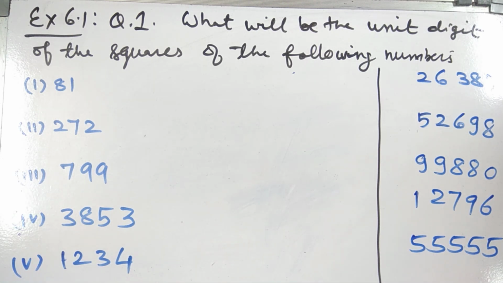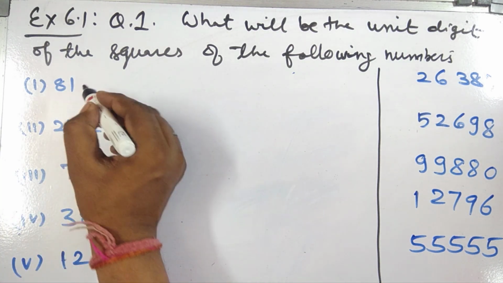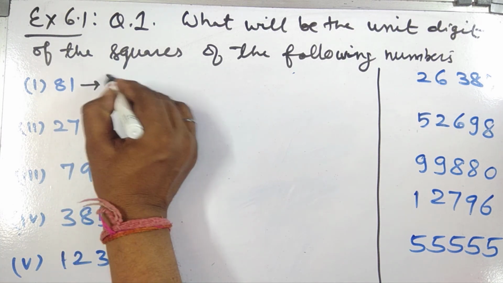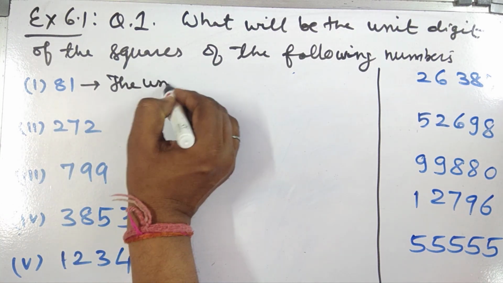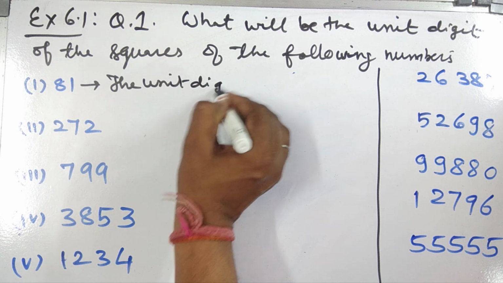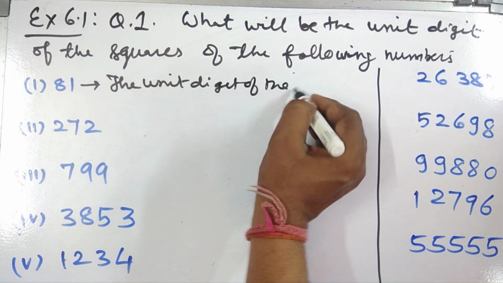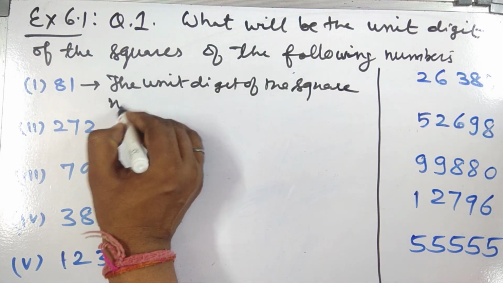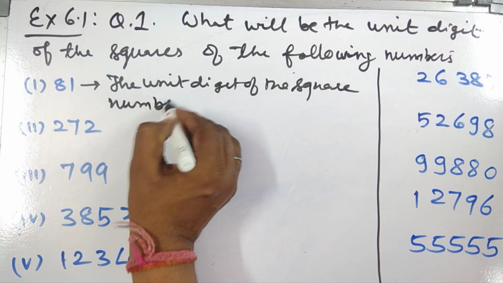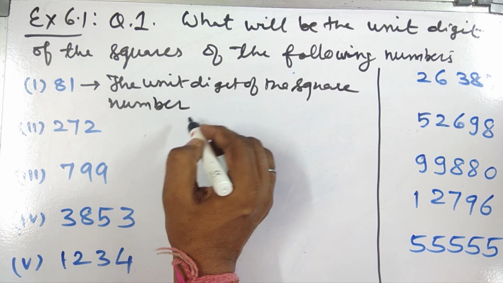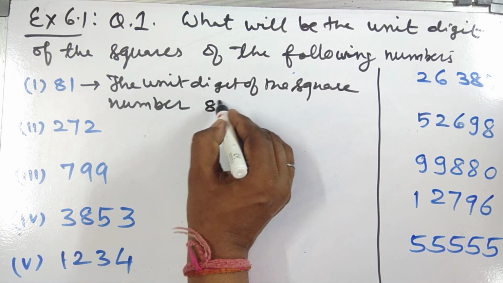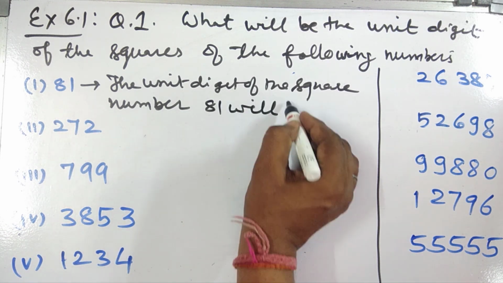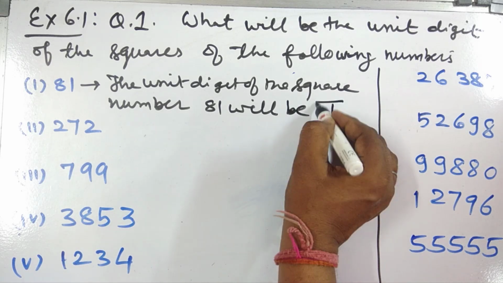So students, the unit digit of the square number 81 will be 1.